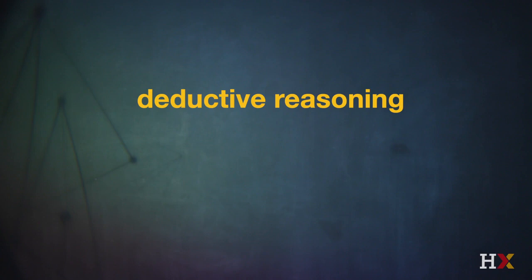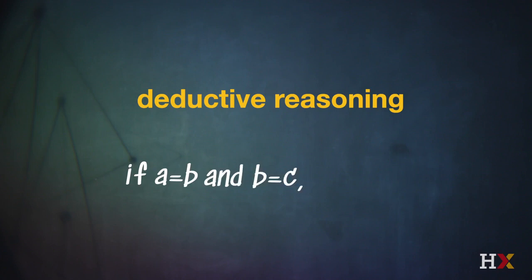It says, for example, if A is equal to B and B is equal to C, then A is equal to C. So deduction is a category of logic, but it turns out it's not sufficient for the advancement of scientific knowledge, and Aristotle recognized this.